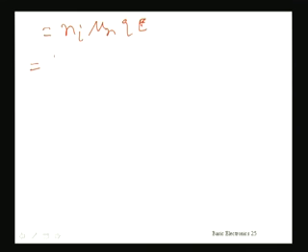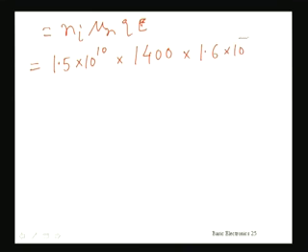n_i is 1.5 into 10 to the power 10 per cm cube, electron mobility is 1400 centimeter square per volt second, q, the charge of an electron, is 1.6 into 10 to the power minus 19 coulomb, and the applied electric field is 20 volt per cm.